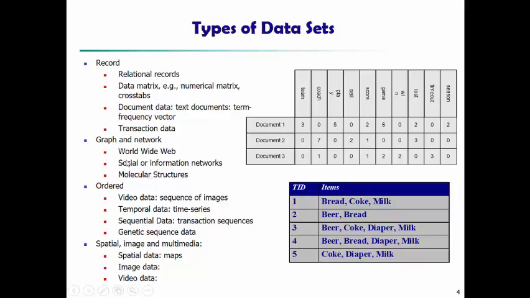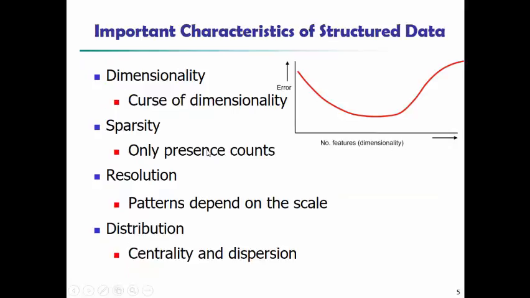Molecular structure, this is some sequence data. And ordered sets, video, temporal, spatial data. They're all ordered. Genetic sequence data, like DNA. Spatial image, multimedia. So these are all data sets that a data miner would like to use.